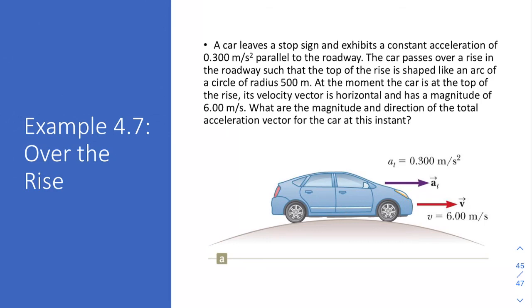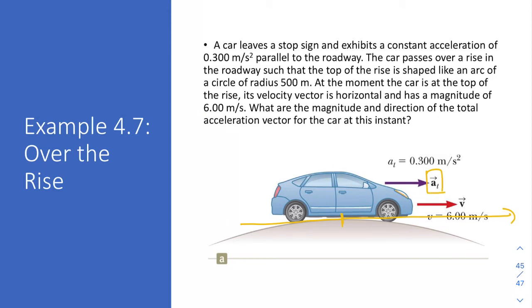At this instant, the car has a tangential velocity of 6, and it also has tangential acceleration 0.3, a constant acceleration of the car parallel to the roadway. This is the roadway, parallel to the roadway, so it is at.